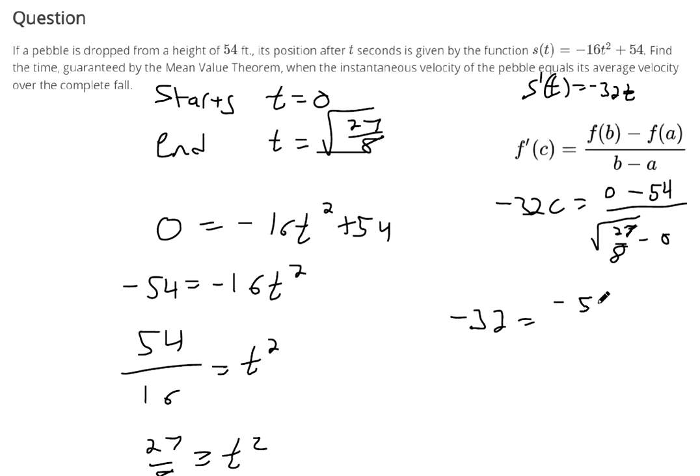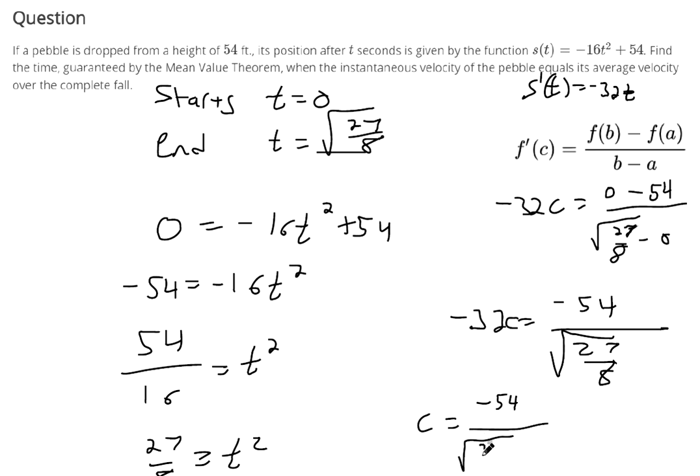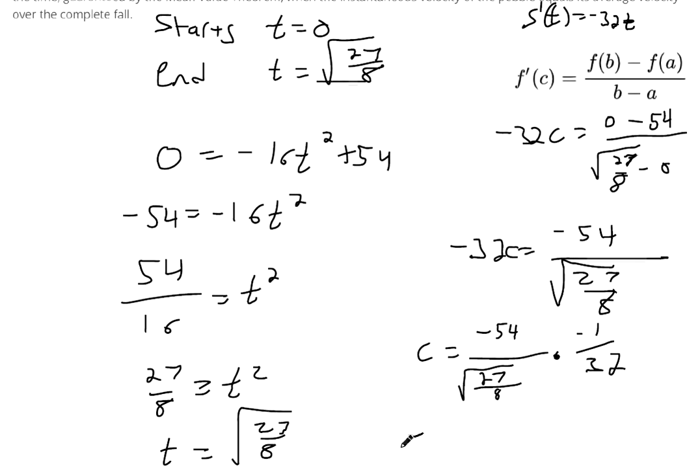So that's what everything looks like when it's plugged in. It's negative 54 over the square root of 27 over 8. We're trying to solve for c, so I'm going to multiply both sides by negative 1 over 32. Remember, c isn't the slope, c is the location when the instantaneous slope is average. So some simplification. The negatives cancel, negative times negative.